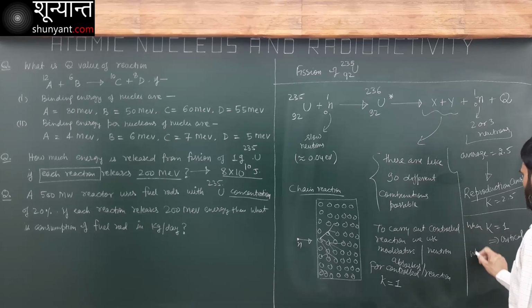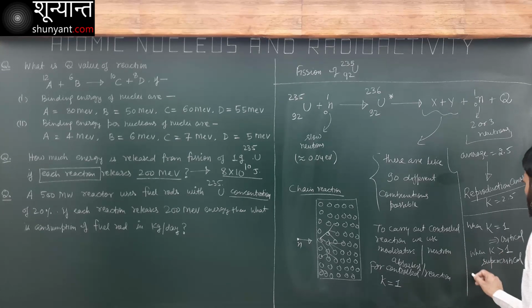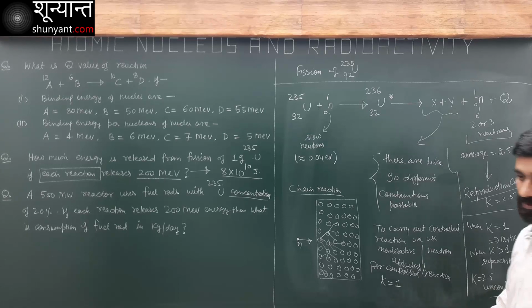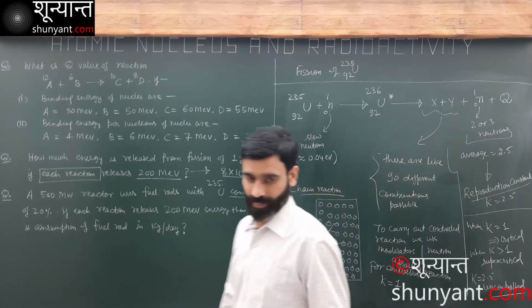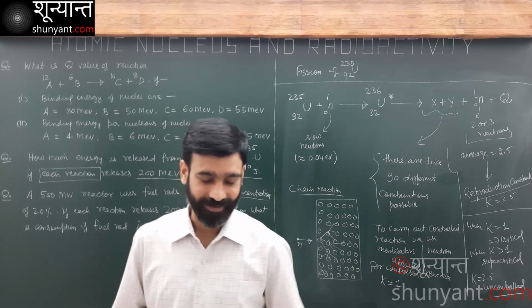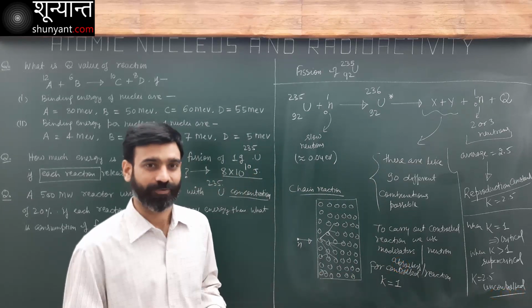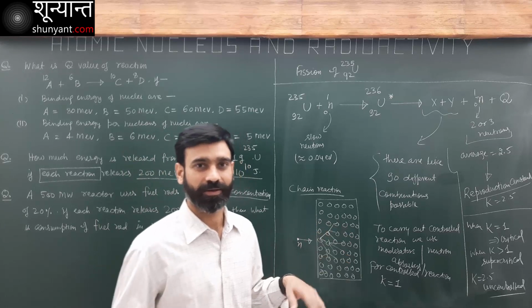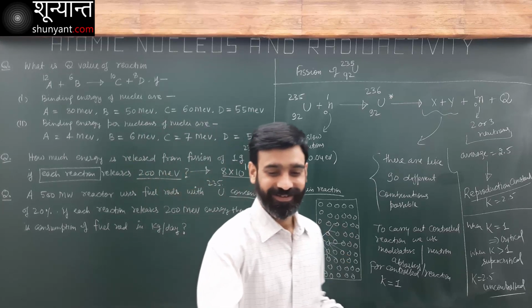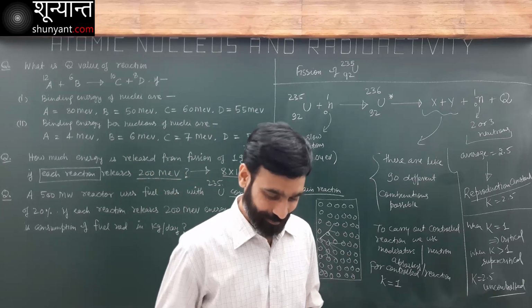And when K is more than 1, it becomes supercritical. When K is equal to 2.5, it becomes uncontrolled. Then we get atomic bombs. You cannot control it. A sudden explosion happens, within a fraction of a second everything is gone. That's how it works.